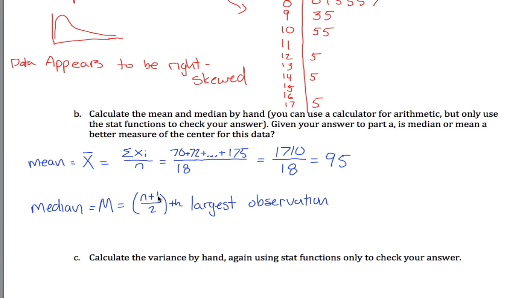So 18 plus 1 is 19. 18 plus 1 over 2 is equal to 19 over 2, which equals 9.5. So what I want is my 9.5th largest observation.